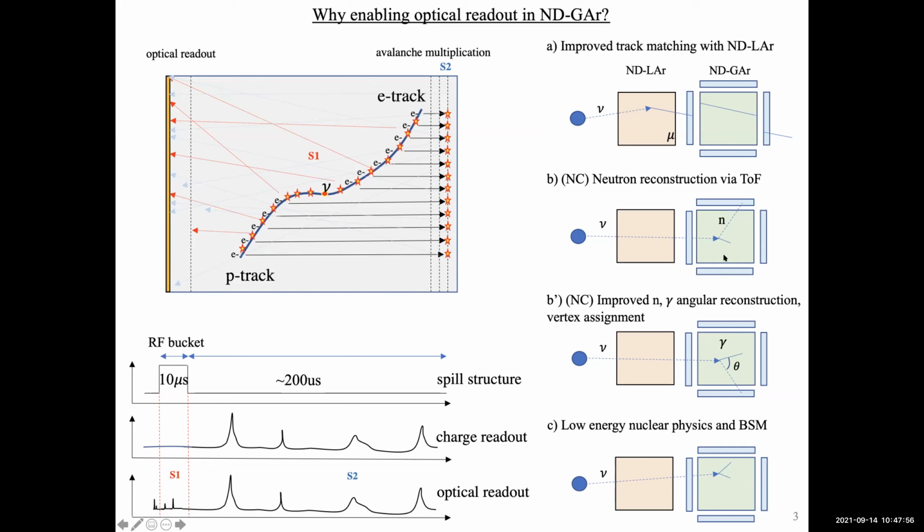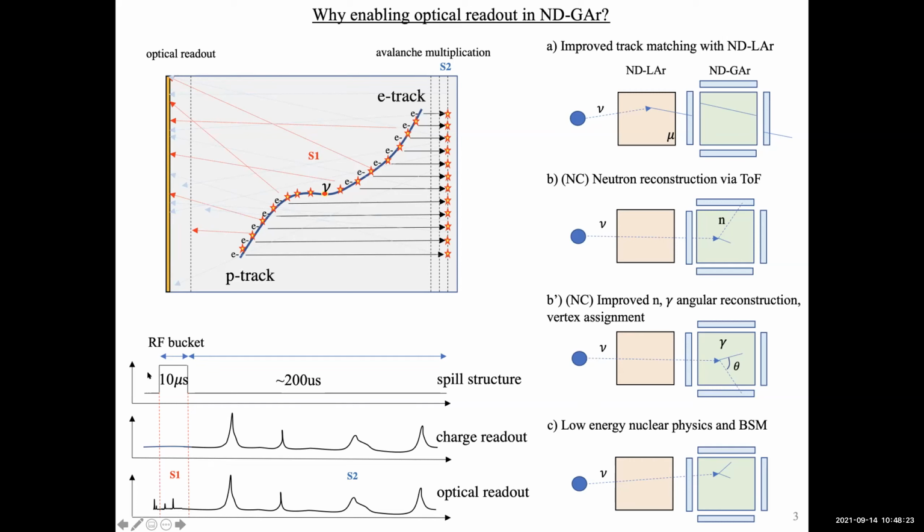We can use it for time of flight tagging of the neutrons. We can improve the angular reconstruction of neutrons and gammas. And so we can even do some low energy nuclear physics and BSM, where the events will be fully contained in the high pressure TPC. So this is an appealing concept that is not enabled by the current implementation with the symmetric TPC based on the ALICE design.